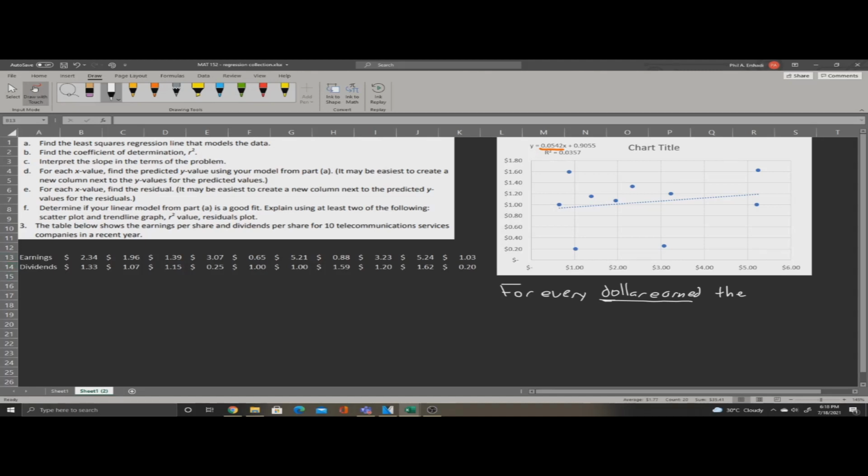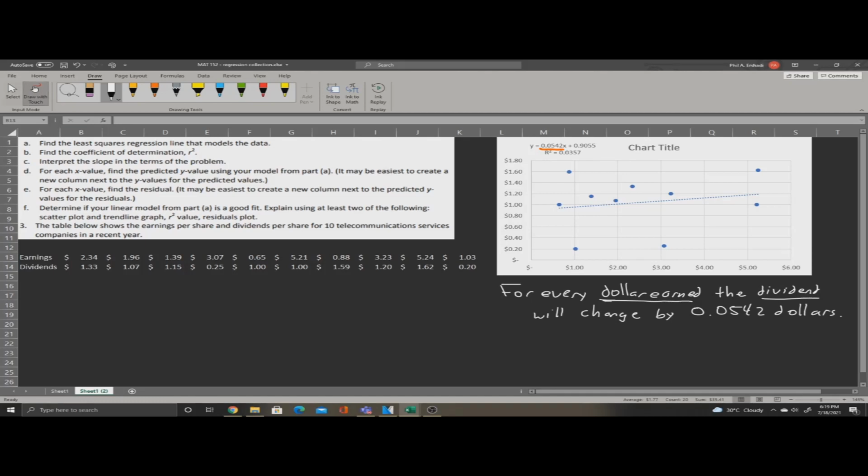Now the y is the dividend. So we'll say the dividend will change by $0.0542. In other words, about 5.4 cents.